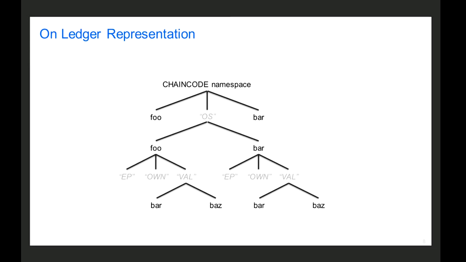So in this case, say os.foo.ep, there would have to be an endorsement policy that would be modifiable only under certain circumstances, and the same for owners, and anything under values would have to be endorsed according to what's inside os.foo.ep. So the chain code could mess things up, but then either the change would be appropriately endorsed, and you'd have to consider it a legitimate one, or it's not, and then it's an invalid transaction that everyone would reject. Understood. This makes sense.